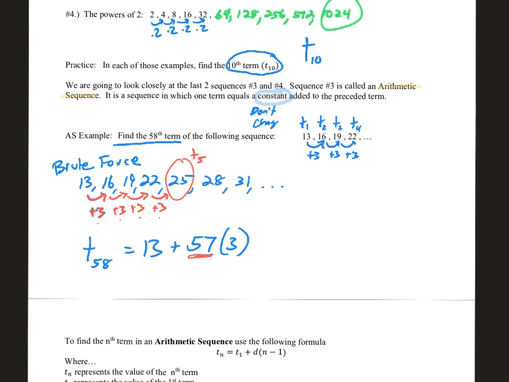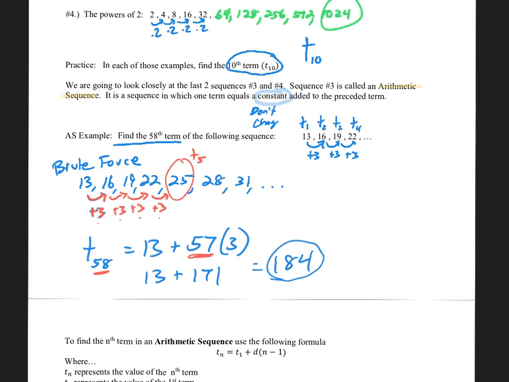See that? So 57 times 3 is 171. We add 13 to it, and we get 184. So the 58th term in this sequence is 184.